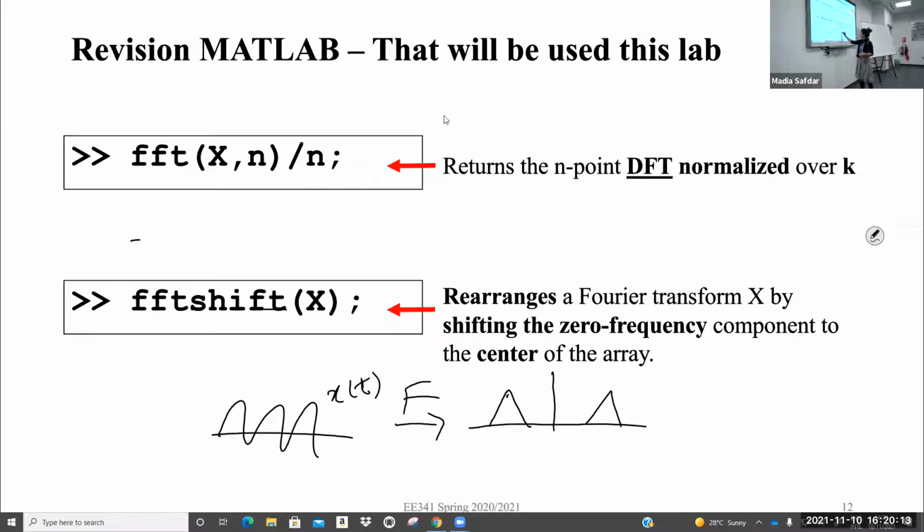So my frequency will be exactly like here. If I take the FFT of this signal, it will give me the frequency response of this time domain signal.